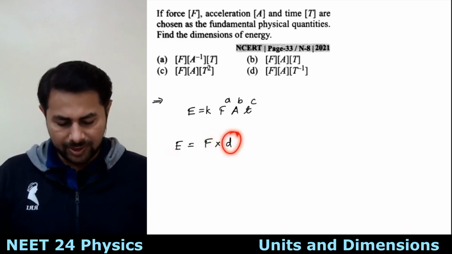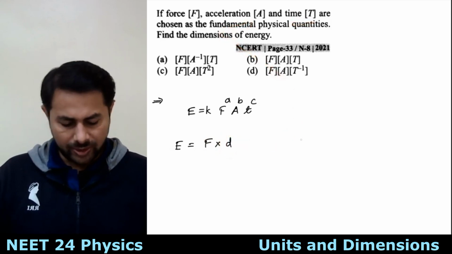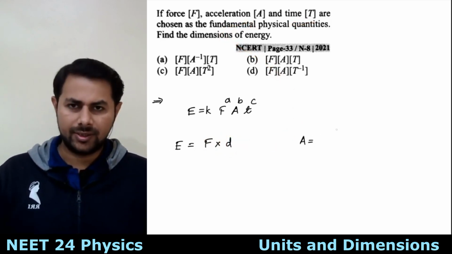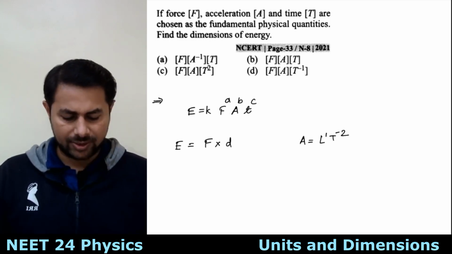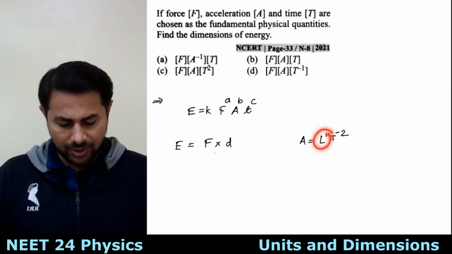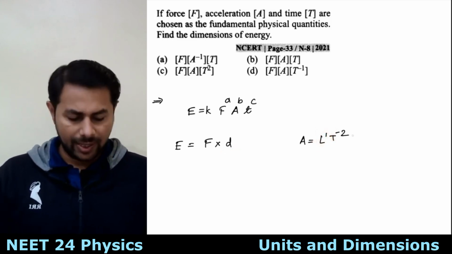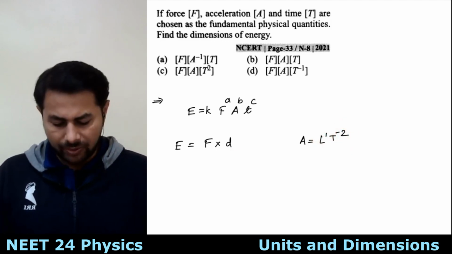That means we need to represent D in terms of acceleration and time. So what is acceleration? What are dimensions? L1 T raised to minus 2, and out of that you want only L1, right? So we need to get rid of this T raised to minus 2. So how can we do that?